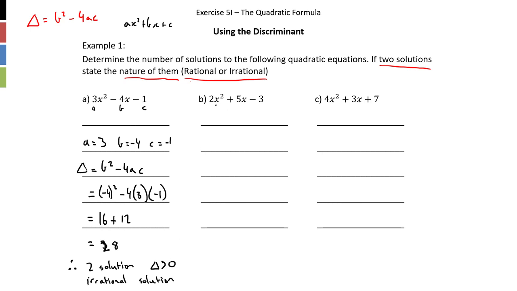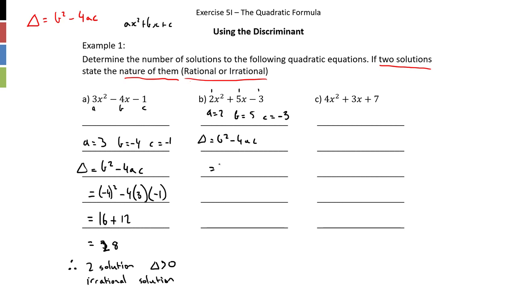Let's do B. So we have a is equal to 2, b is equal to 5, c is equal to -3. Just taking this value, this value, this value, we put it into our equation, b squared minus 4ac.